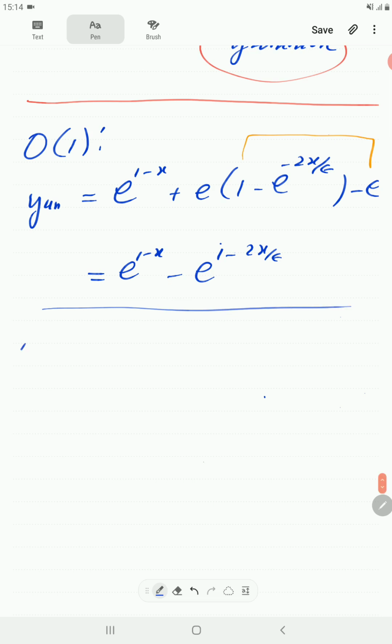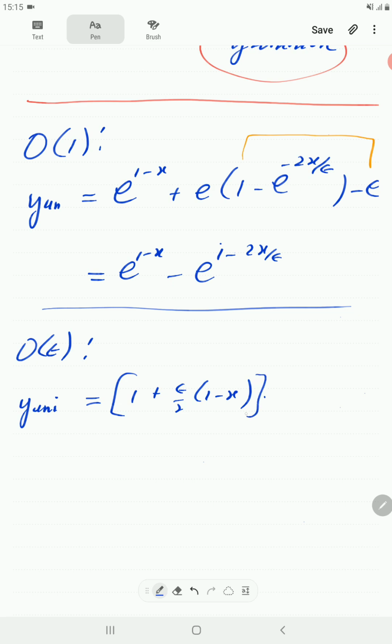Okay, so at order epsilon, the y uniform is going to be equal to brackets 1 plus epsilon over 2 into 1 minus x e to the 1 minus x.